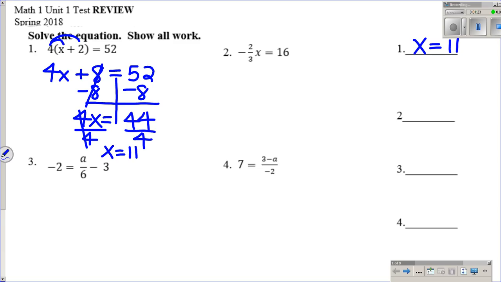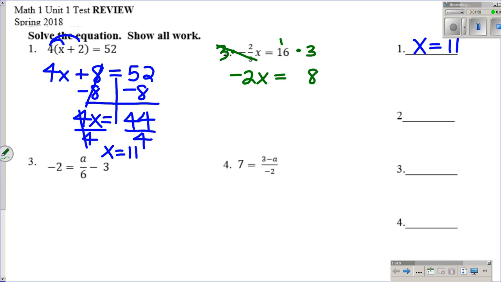Okay, if you notice in number 2, we do have a fraction, and our denominator is 3. So I'm going to start by multiplying both sides of the equation by positive 3. On the left side, our 3's are going to cross cancel, but be careful, we still have the negative, so I'm going to write this as negative 2x equals, well, 3 times 6 is 18.